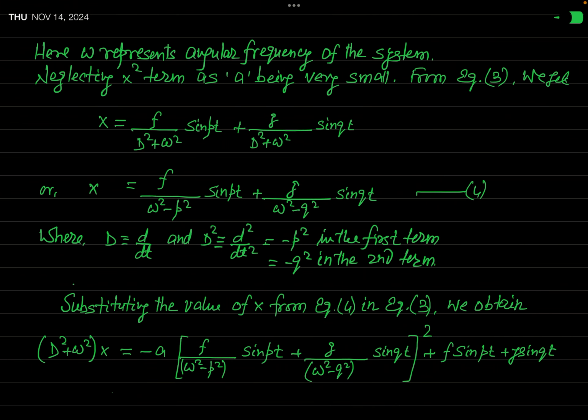And therefore x will be given by f over (D² + ω²) sin pt plus g over (D² + ω²) sin qt. This has been obtained neglecting the x² term, as a is very small.